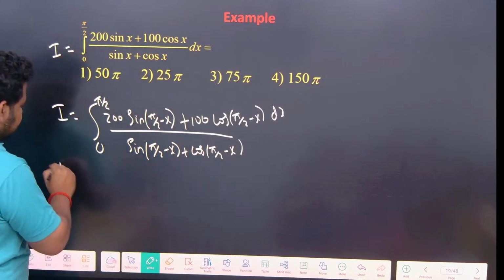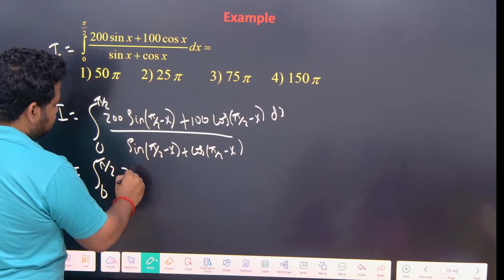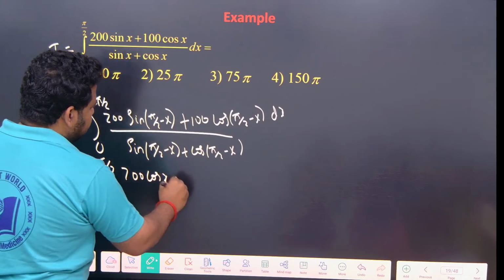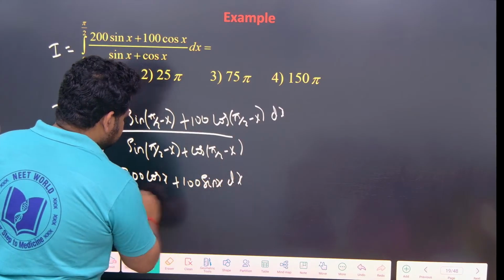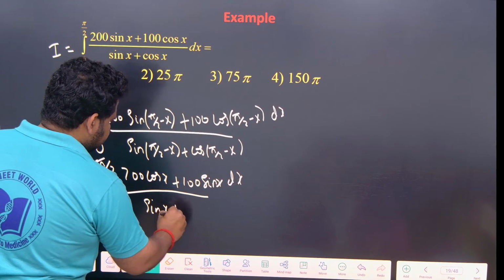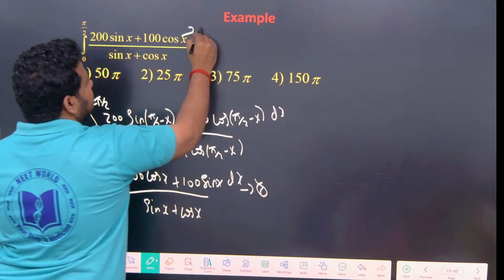So this will give me I is equal to 0 to pi by 2, 200 cos x plus 100 sin x by sin x plus cos x. Let this be equation 2, and let the earlier one be equation 1.